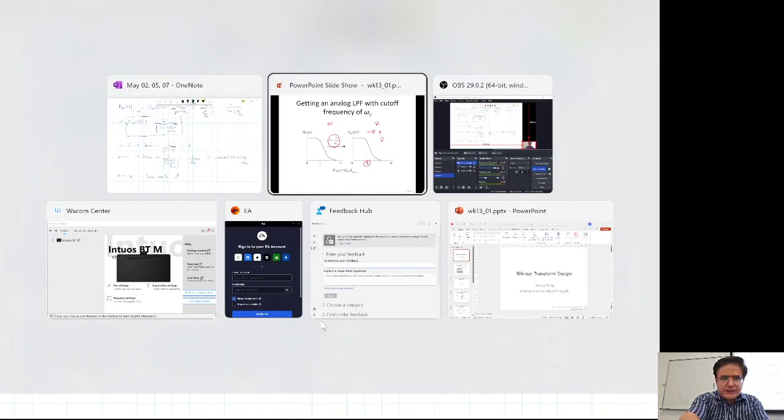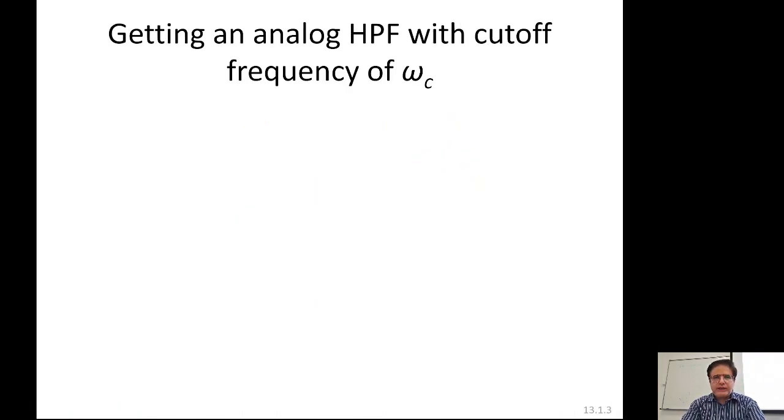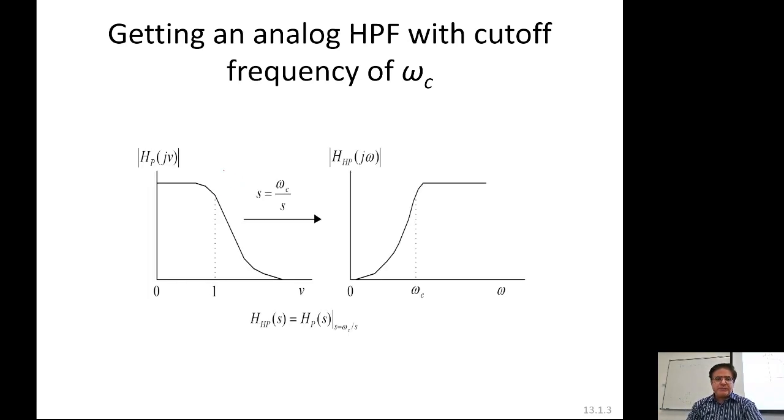Next up is conversion into high pass filter. So you can convert the same low pass filter prototype into a high pass filter by just replacing s with omega c over s. So again, it's kind of like rescaling the frequency axis in a different way.